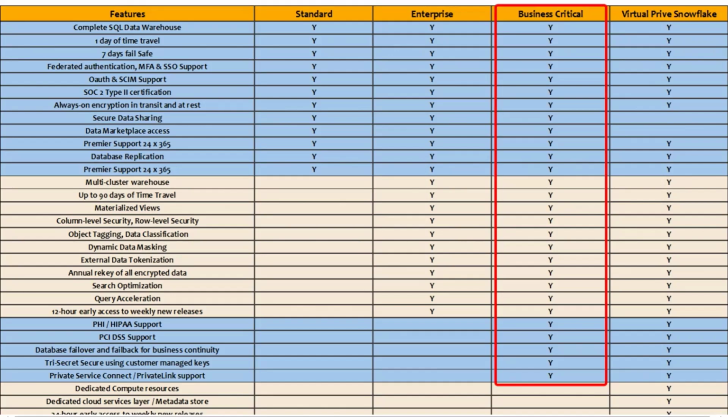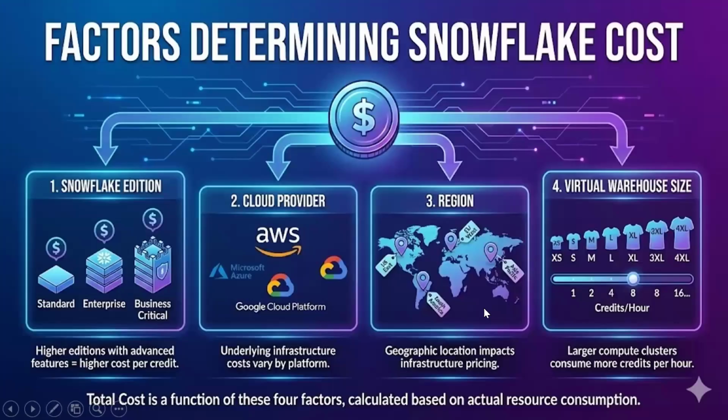So this is how the standard, enterprise, business critical, and virtual private editions generally will be selected while creating the account. Now, what are the factors that will determine the Snowflake cost? The first factor is Snowflake edition. As the edition increases, your price will increase.